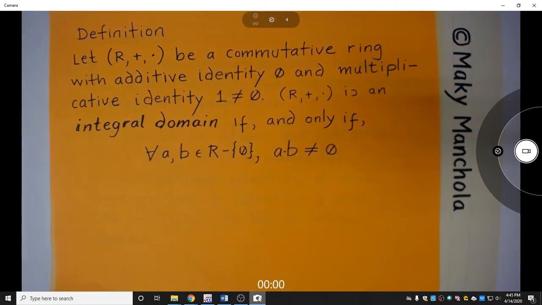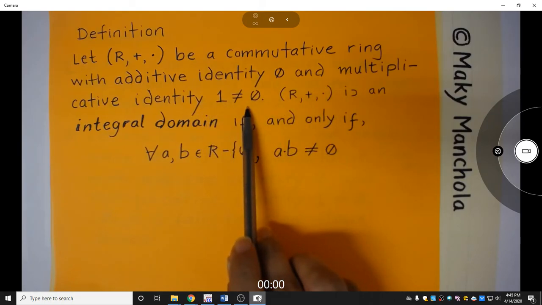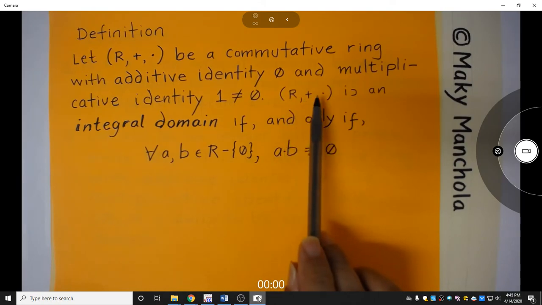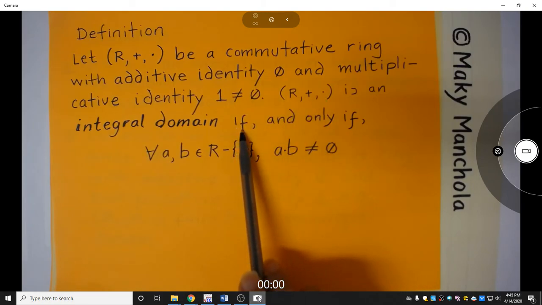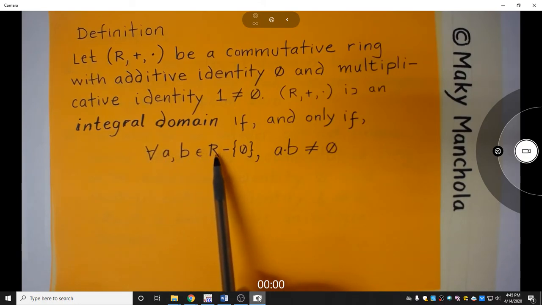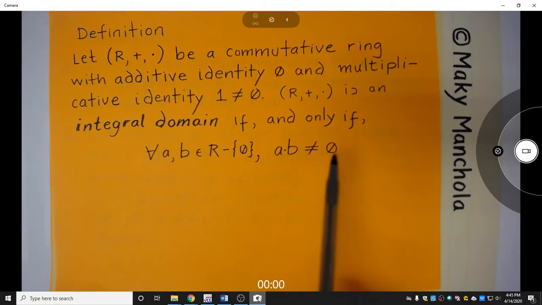Okay, next, a definition. Let the structure R, plus, dot be a commutative ring with additive identity 0 and multiplicative identity 1 different than 0. The structure R with addition and multiplication is an integral domain if and only if for every elements a, b in R excluding 0, their product is different than 0.